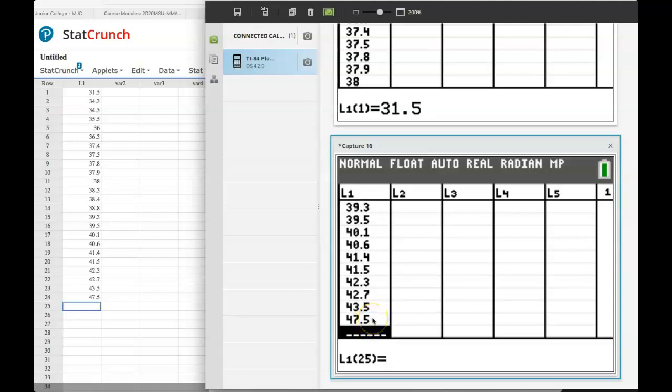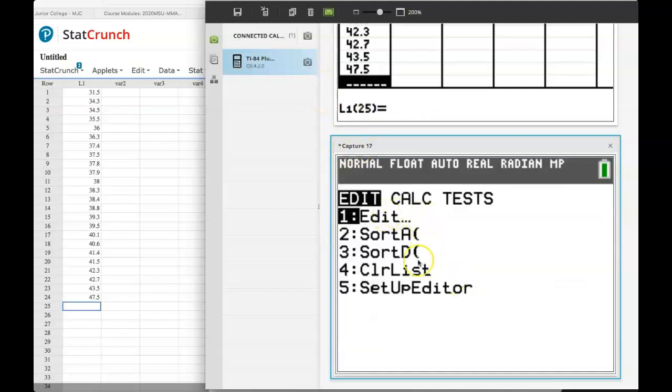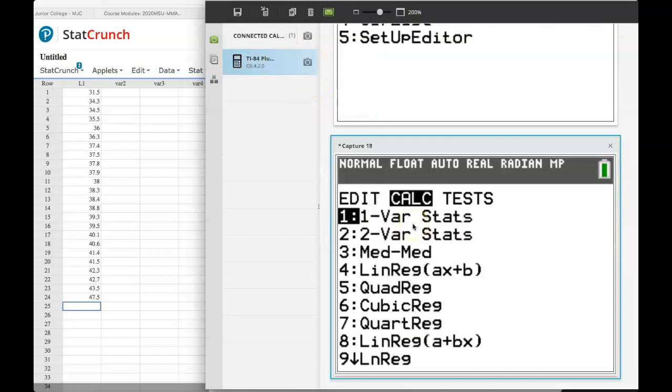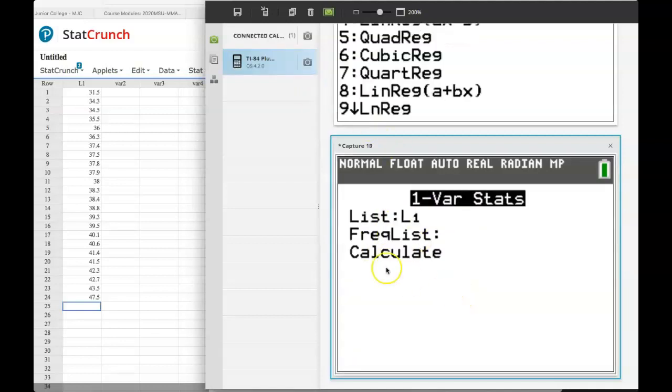Then after that, again, press STAT. So again, we have this page. Now you should choose this to calculate. So you have this. Now number 1 is 1-Var Stats. Enter. You have this.